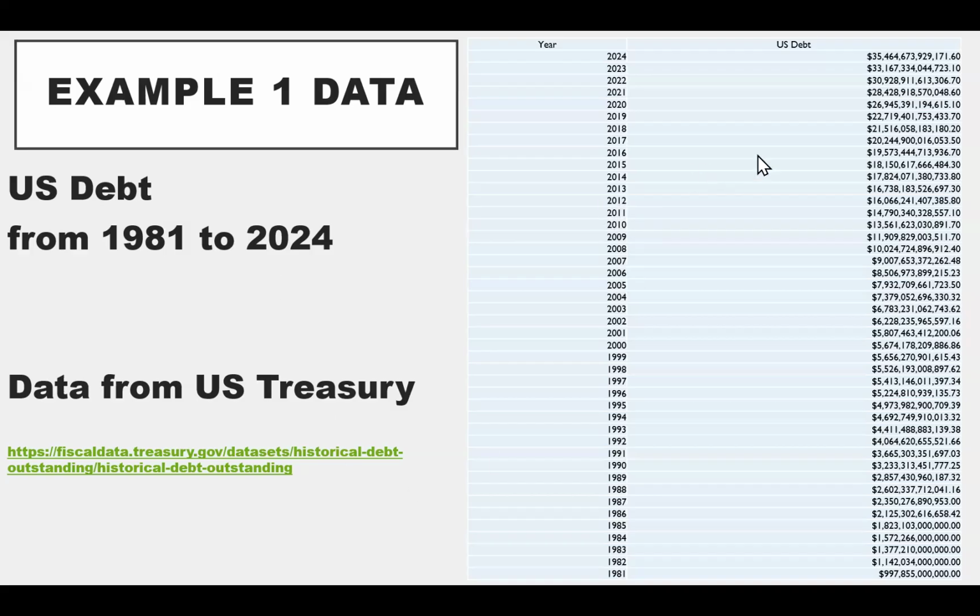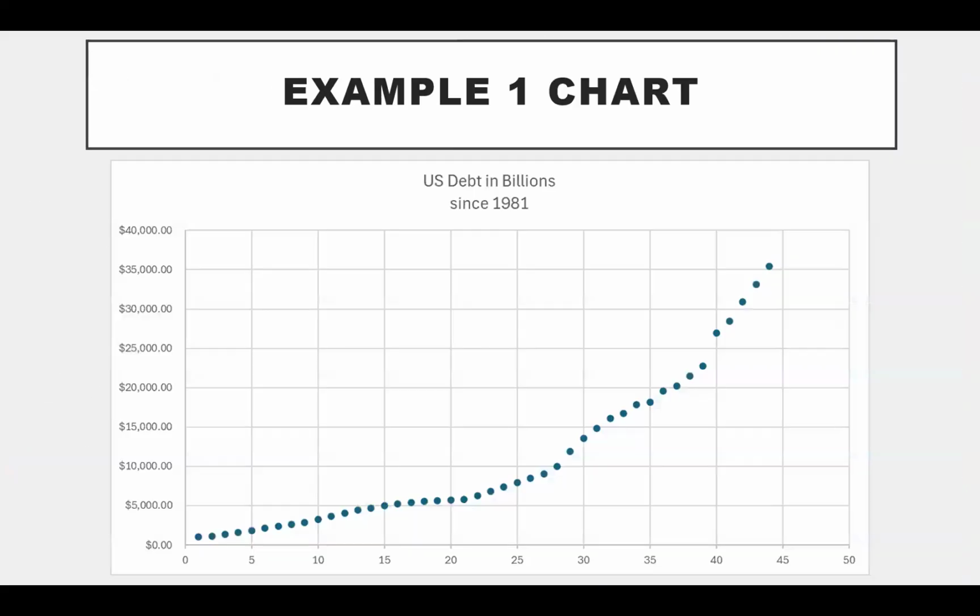Now, the actual numbers aren't what we're concerned with in this class. What we're concerned with is how that chart would look. Again, we're looking at the US debt in billions of dollars, so that's why it says 35,000. That's $35 trillion.